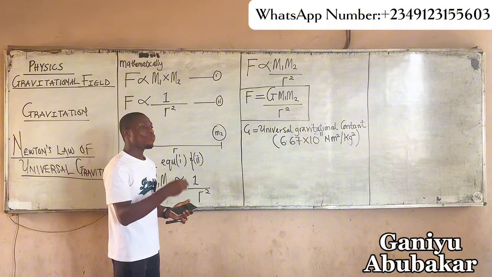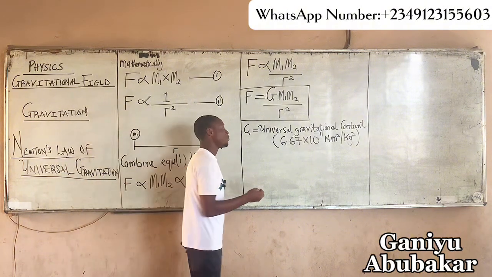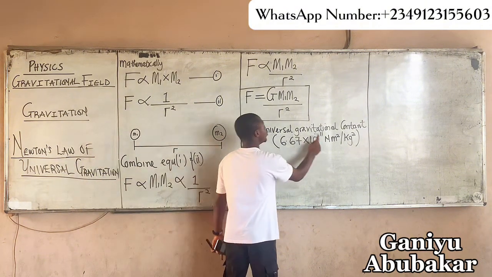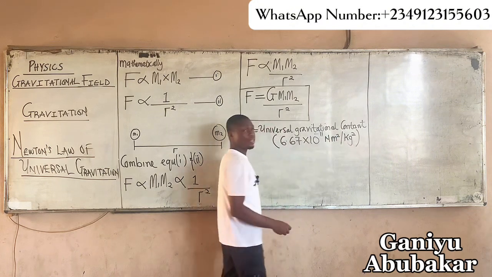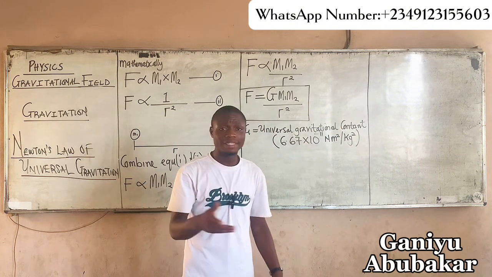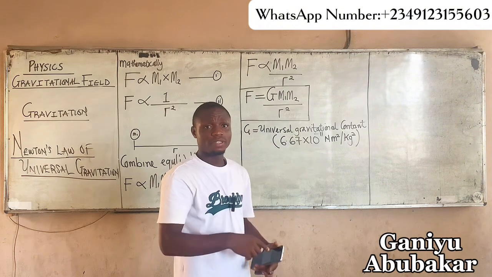At this junction, why is it that my SI unit for capital G is Newton meter square per kilogram square? Why is it so? How do I get that SI unit? So look up, please.